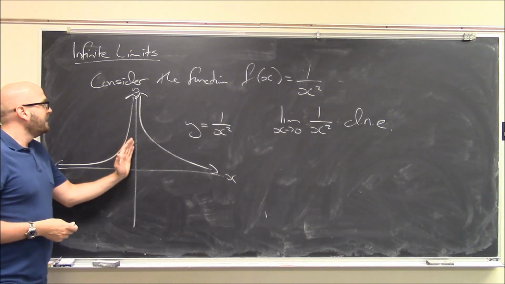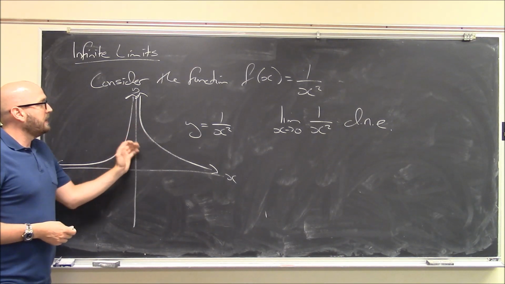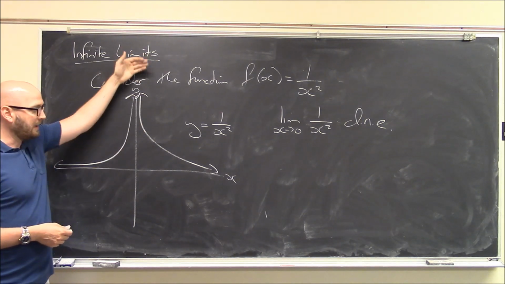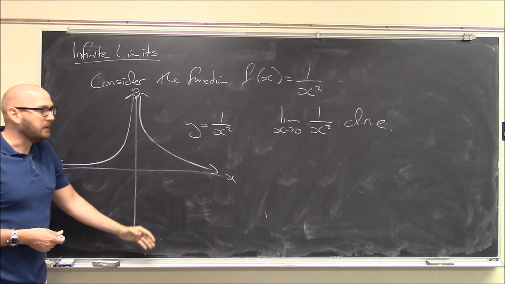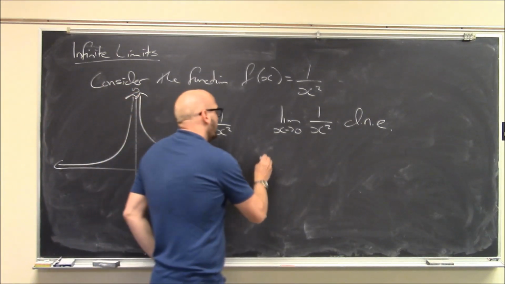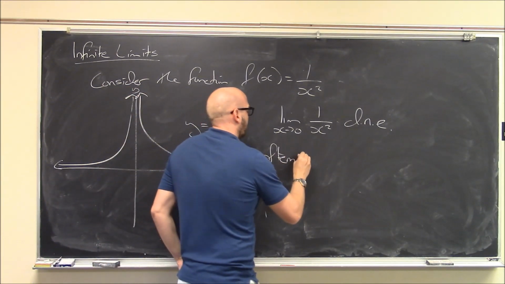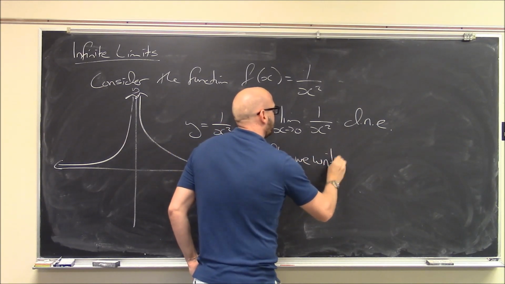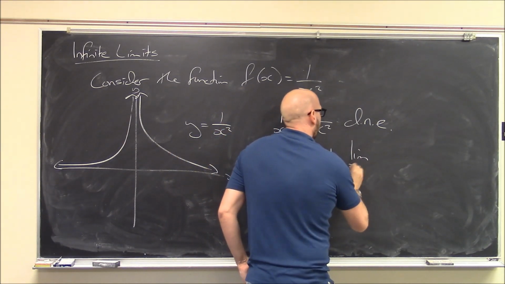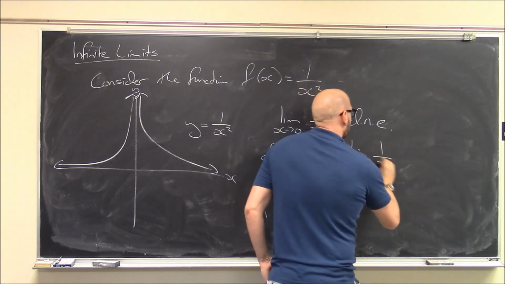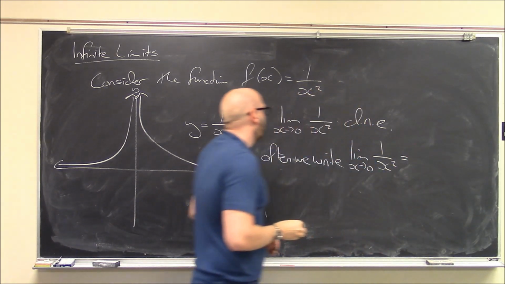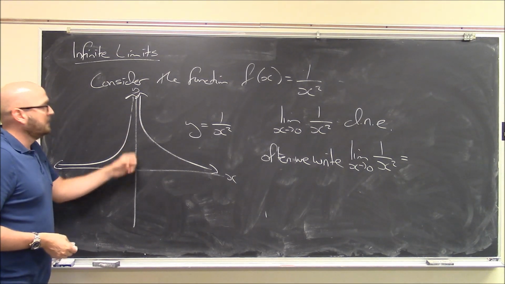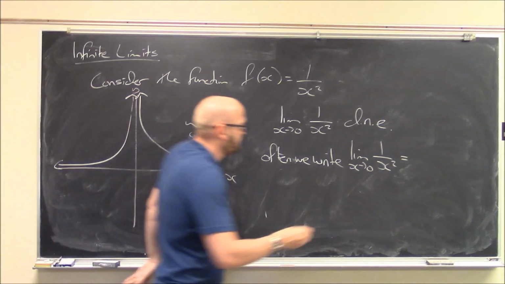However, limits often fail to exist because of something like this, because the function blows up in a particular direction, off to positive infinity or negative infinity. So often we write the limit as x goes to 0 of 1 over x squared, and in this case, it's not a terrible thing to write that this limit equals infinity.